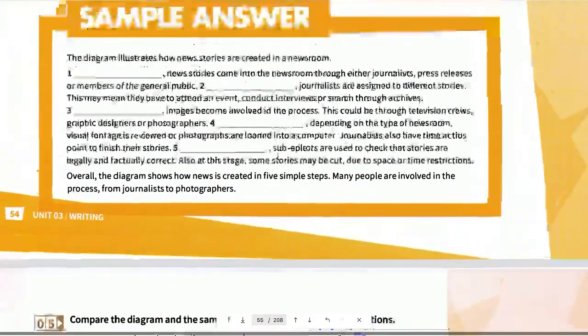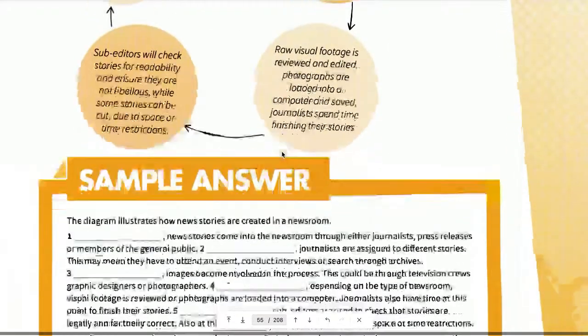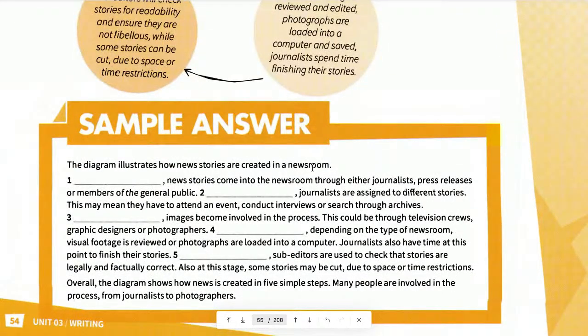Okay, so that's the first one. Now tell me the second one. TV camera crews are assigned to jobs, photo shoots are booked, or graphic designers are allocated work. Where is that?